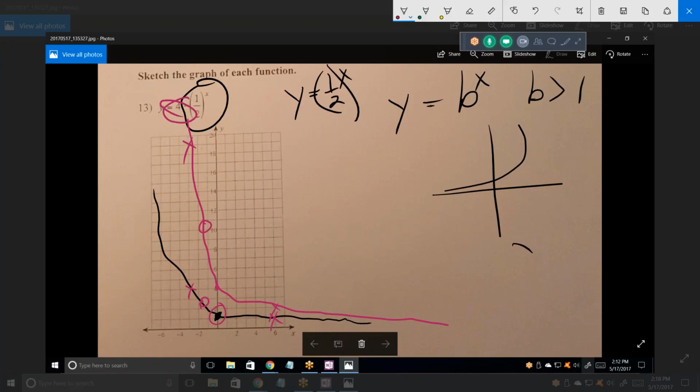All right. That's how I get the red curve. And the red curve is everything. In other words, there's nothing else but that. There's no reflections, there's no horizontal shifts, there's no vertical shifts, any of that. All right.